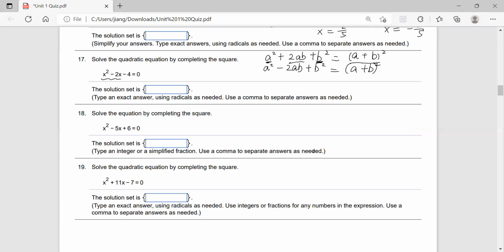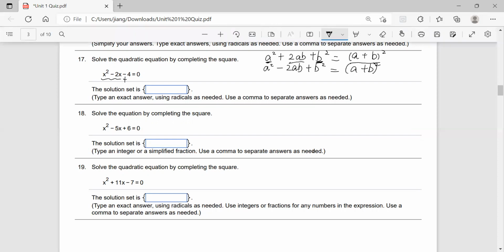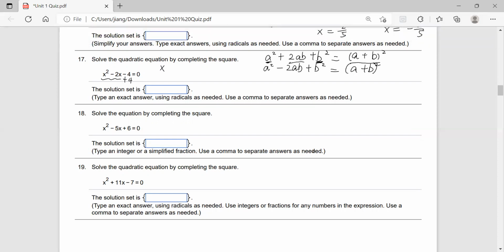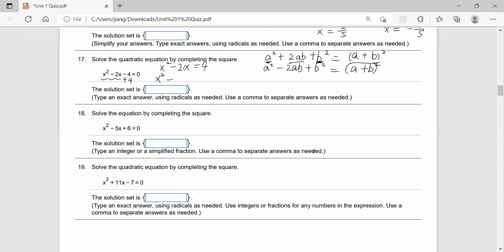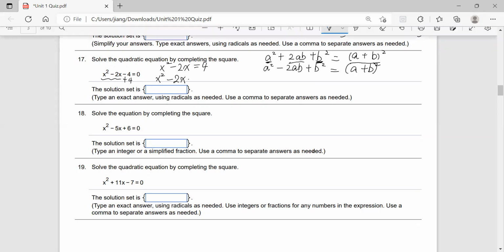So I keep the first two terms and move the negative 4 away, so I add 4 to both sides. So x squared minus 2x equals 4. And then x squared is a squared, and minus 2ab is 2 times x times b.